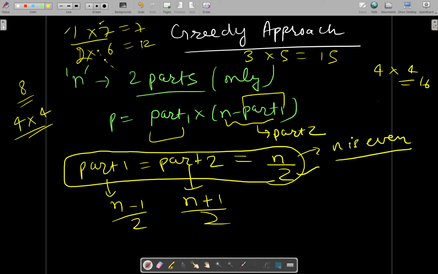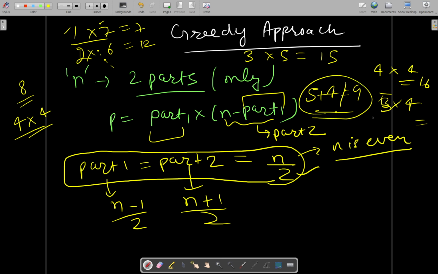And then 5 into 4 is not equal to 8, so we will stop here, as your sum exceeds 8; these parts should sum to 8. Okay, then this is the maximum indeed.